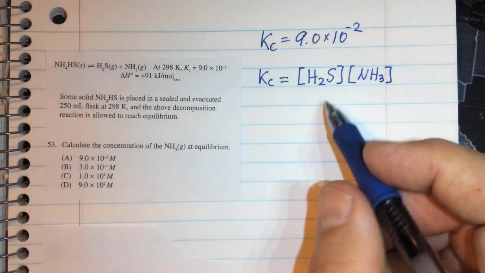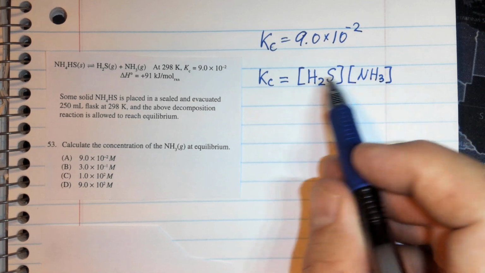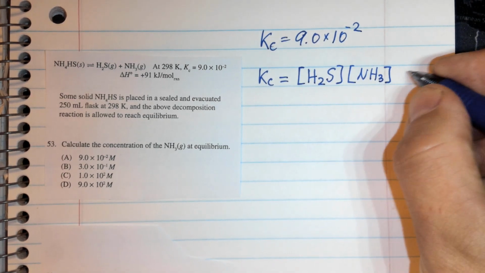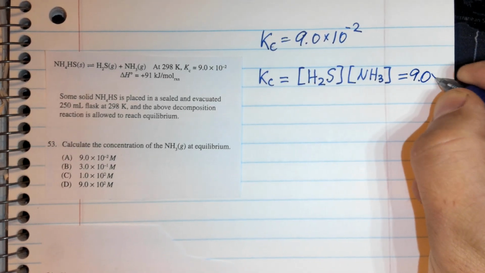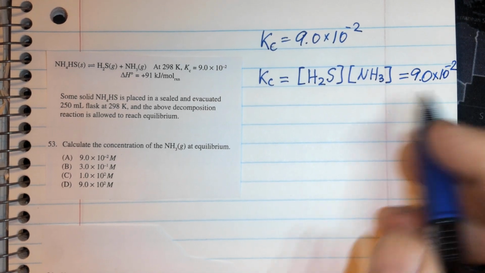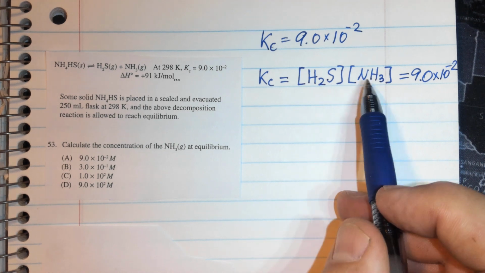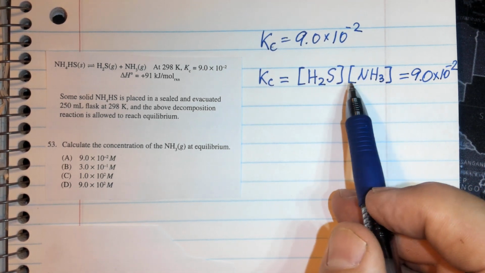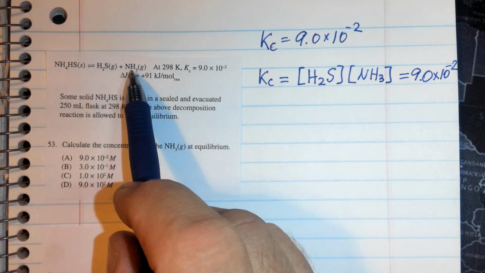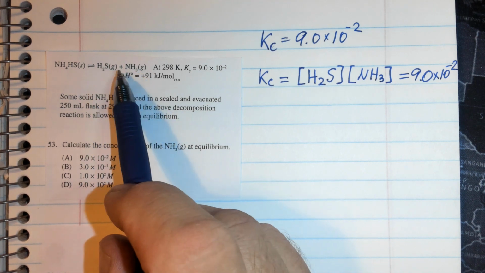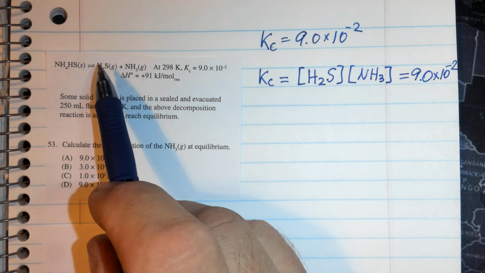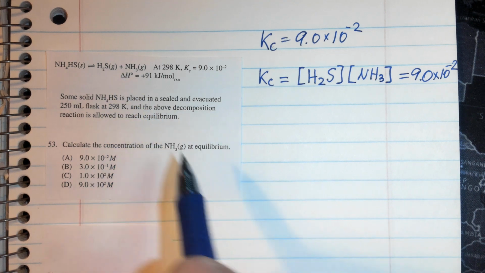So all we have here is the product of these concentrations, and this equals 9.0 times 10 to negative 2 at equilibrium. Now, also these concentrations at equilibrium will be equal, because in the reaction these two chemicals are produced at 1-to-1 ratio, so their concentrations will be equal.